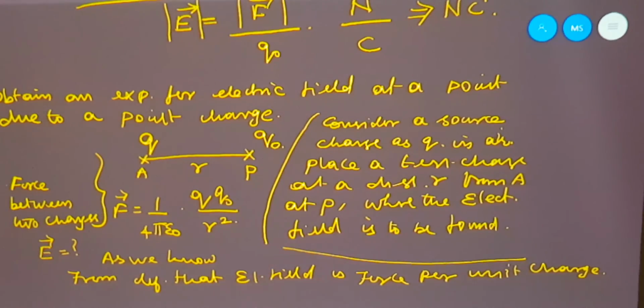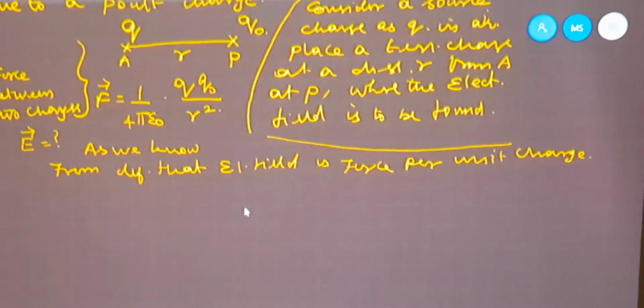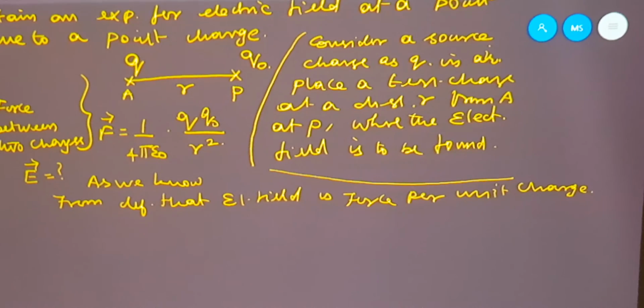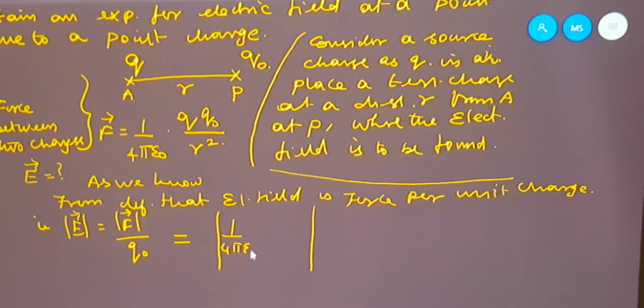What is this force per unit test charge? I can write E vector, or modulus of E vector, is equal to modulus of F vector divided by Q0. So you substitute: modulus of 1 by 4 pi epsilon 0 into, first of all, the force F, Q Q0 by R square, then this value divided by Q0.